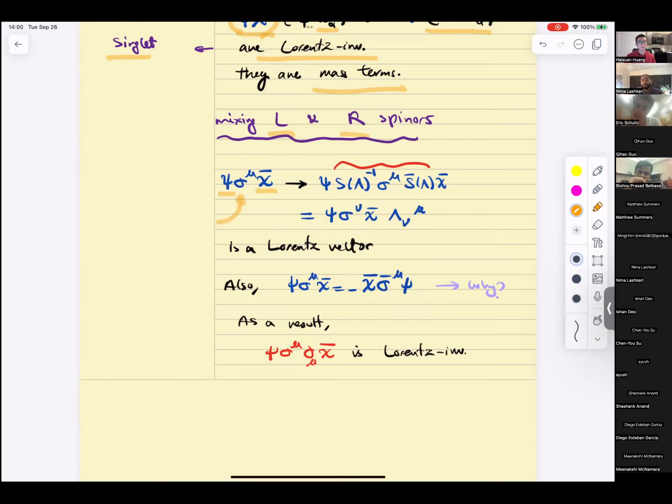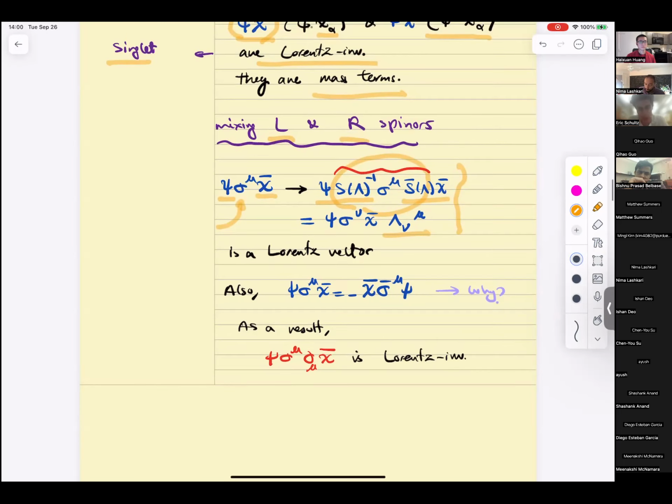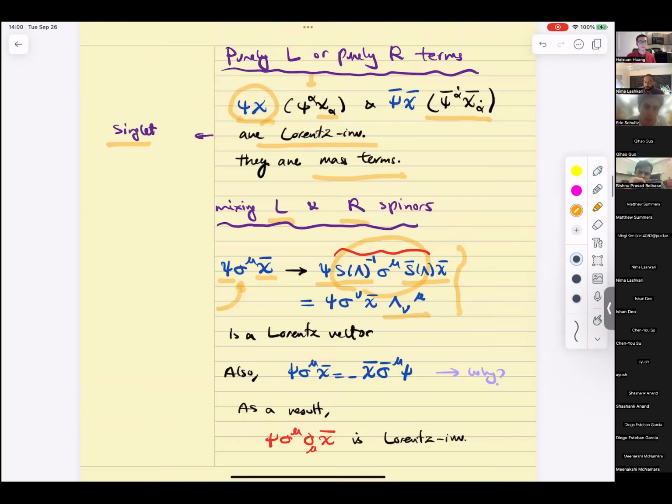Why is this Lorentz invariant? Well, recall how these guys transform. This guy transforms like S lambda minus 1 on the left. This guy transforms like S bar lambda on the right. And then the middle part is transforming as what sigma mu transforms up to this. So this equation, if you don't know where it came from, you've seen it here.